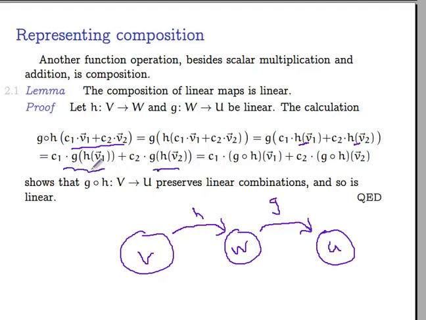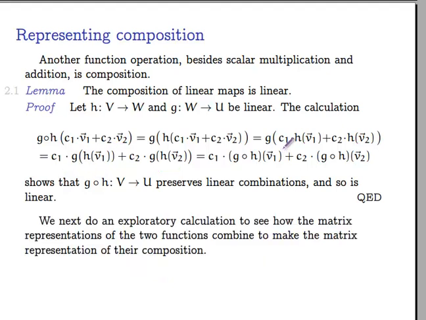And then we make the identification of G of H with G composed H. So what we've done is show that G composed H is linear, by making use of the properties of G and H separately being linear.